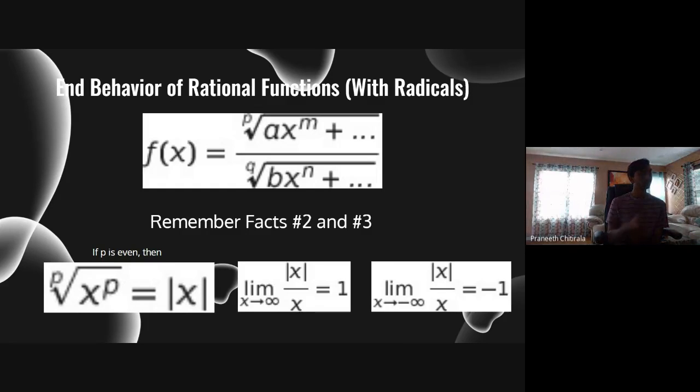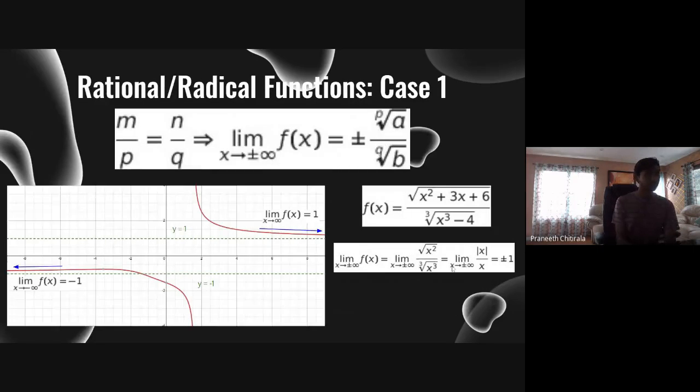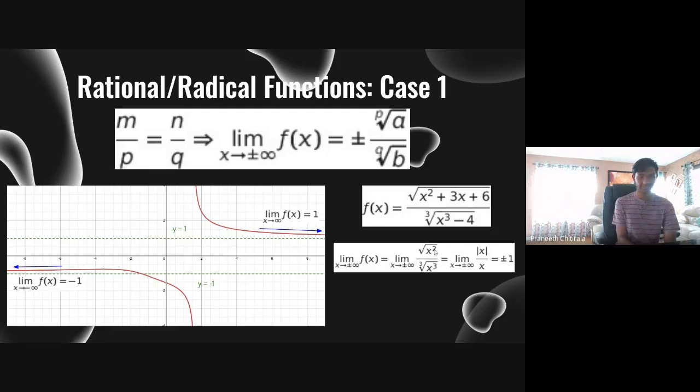So if you eliminate all of these other irrelevant terms, you have the root p of a times x to the m. And just with exponent laws, the root divides the exponent.